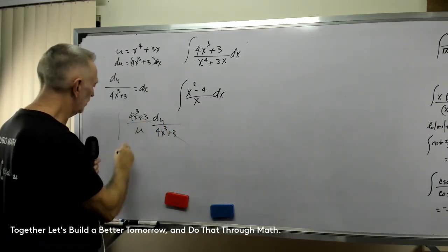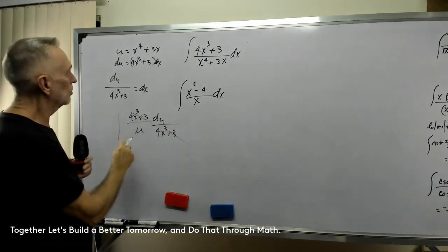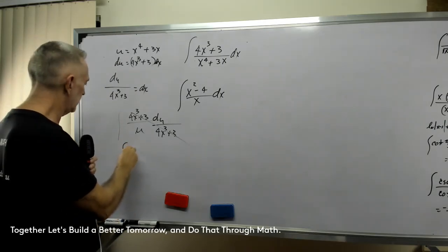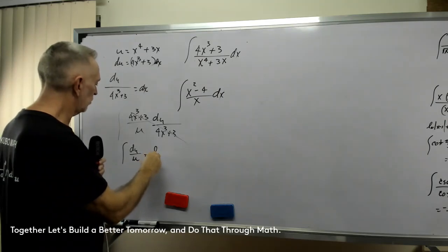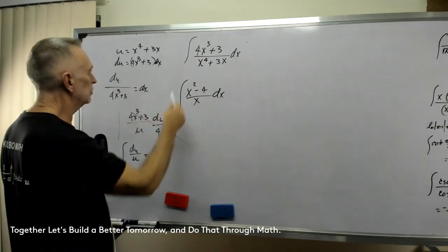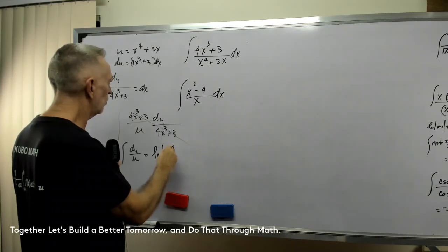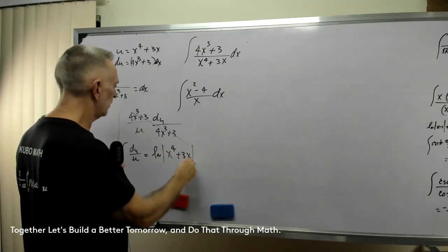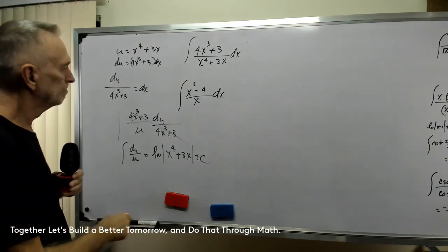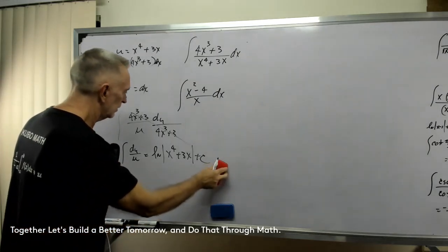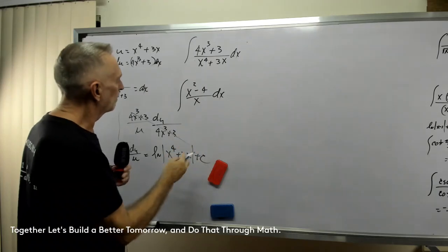They cancel, and I'm left with the integral of du over u, which equals the natural log of u, and u is x to the 4th plus 3x, plus c. Not so bad.